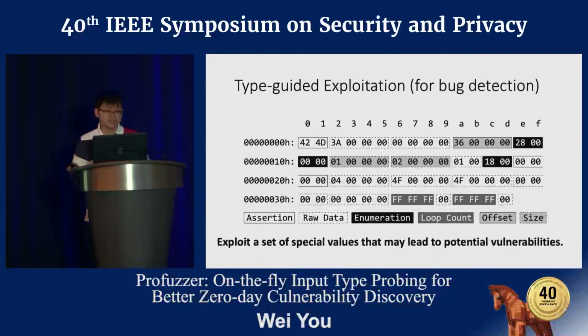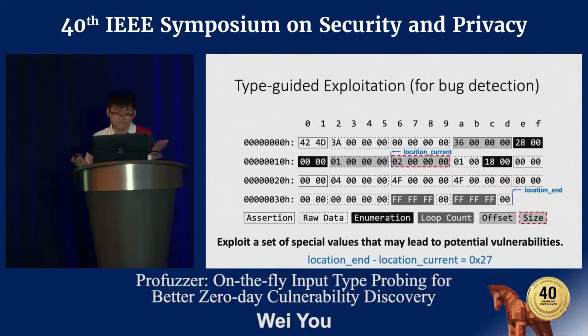In the second aspect, ProFuzzer exploits a set of special values that may lead to potential vulnerability. As an instance, for a size field, we will try to force its value to be the difference between the end of file and the current location, which may result in buffer overflow if the program does not properly handle unexpected values.